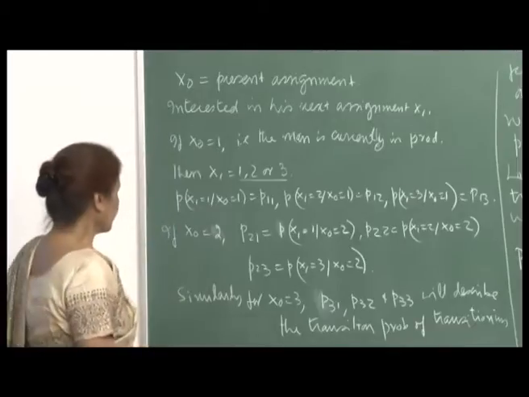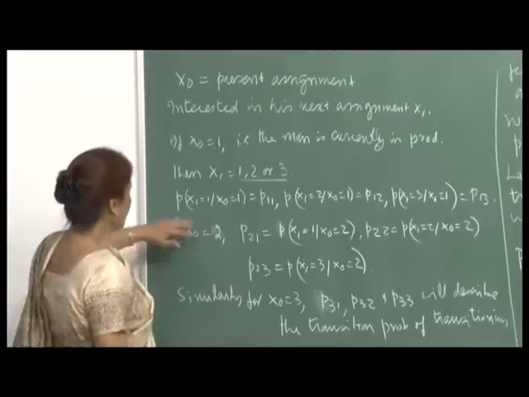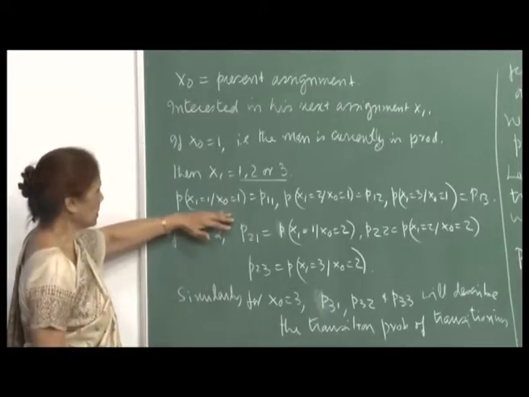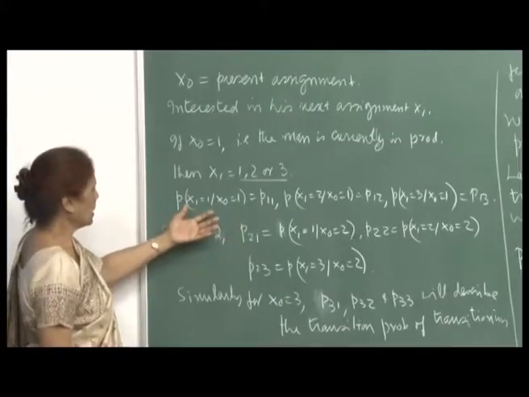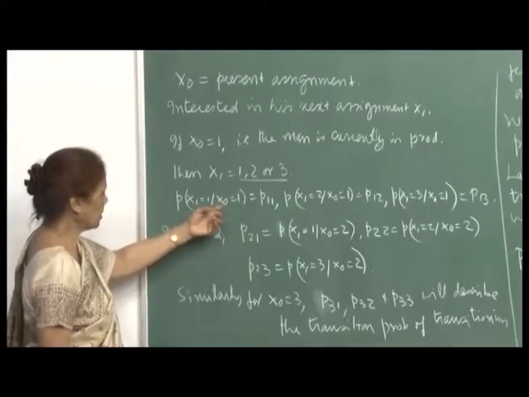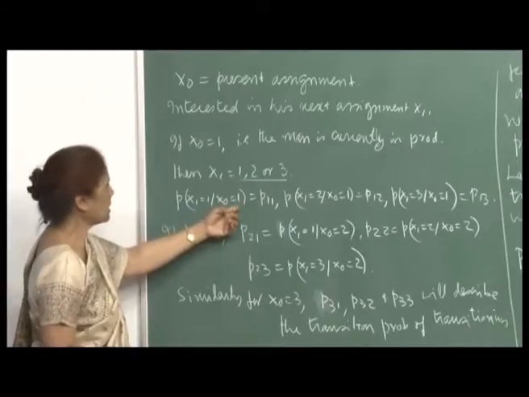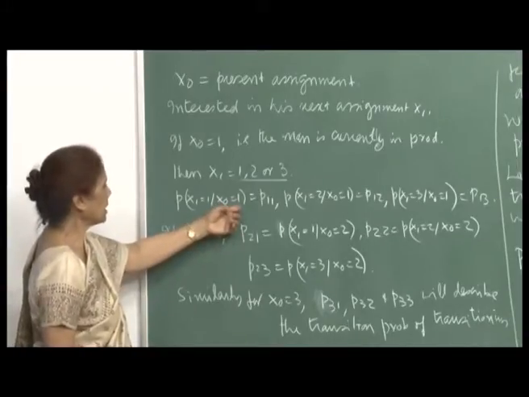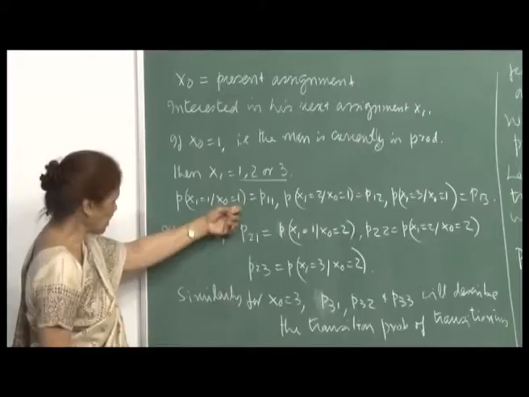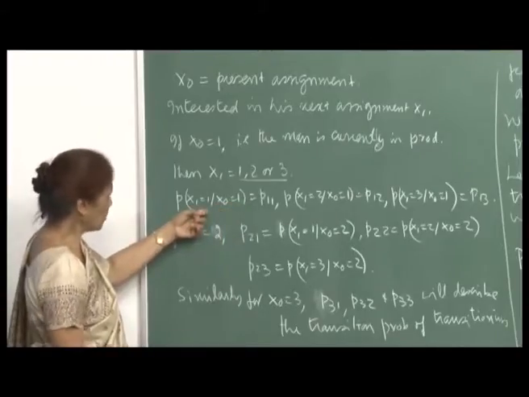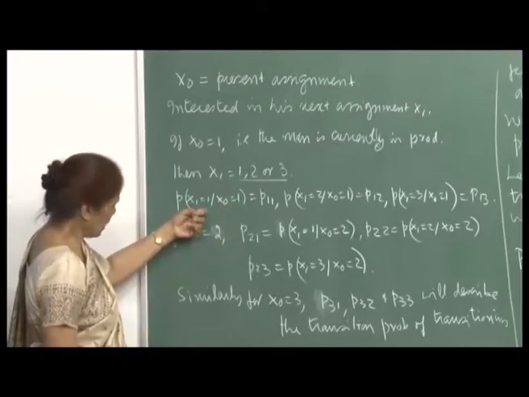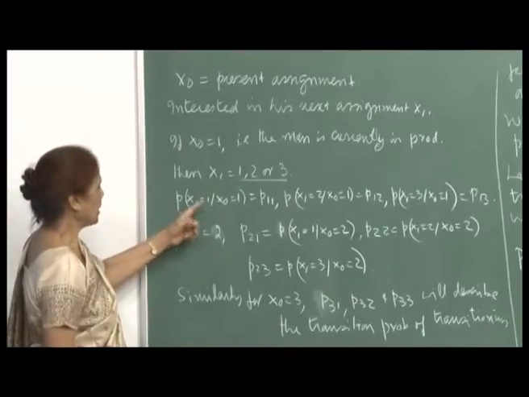So, you want to know the probability. This has to be given to you: he is starting his career with X0 equal to 1, that means he is in production right now, and then what is the probability that he will again be kept in production only. So, X1 is 1.